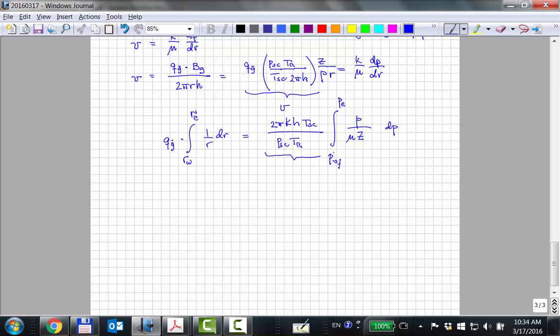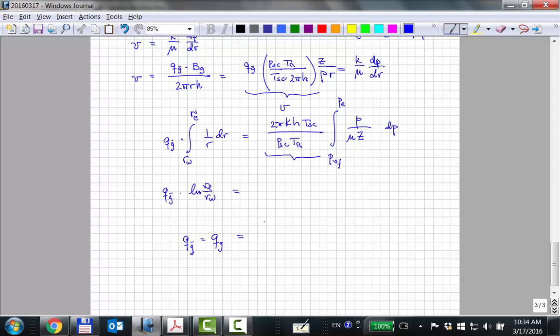Okay. This is log RE/RW. Okay, the same stuff on the right. So then we can write kind of the final. I'm just going to write it QG. That's the way we normally do it.